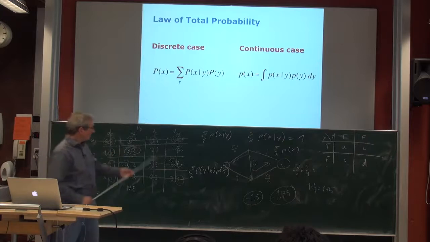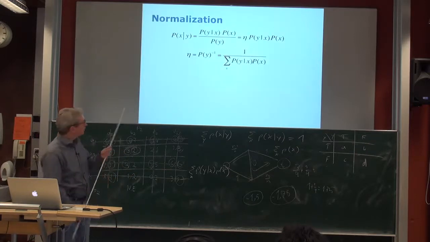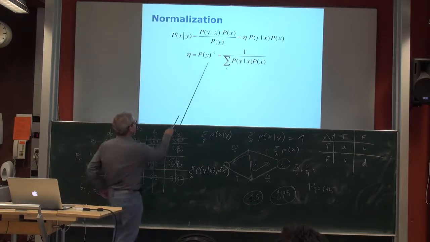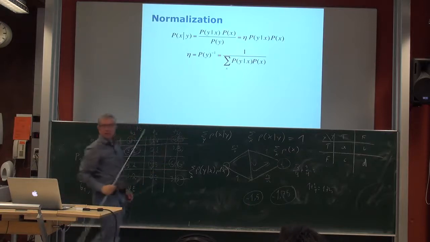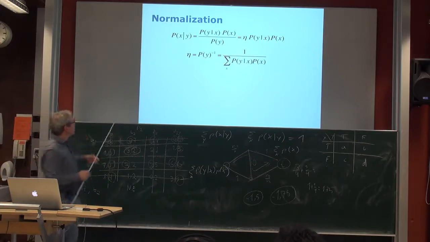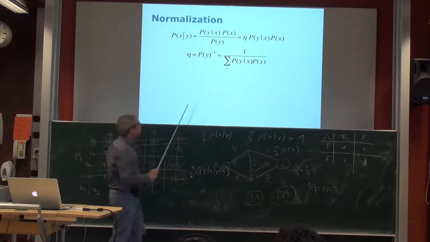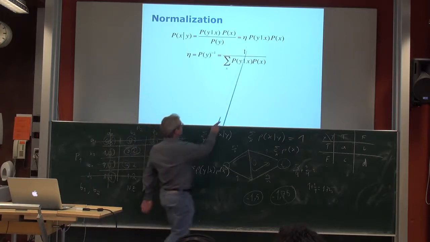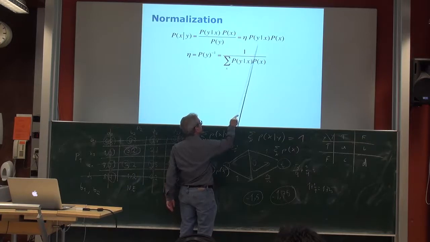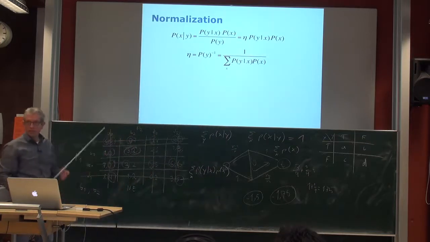But the motivation, and this is what is typically confusing, is that we do not need this p of y. We do not need to have the evidence. And we can easily replace this by this constant over here. If we have all the values available, p of y given x and p of x, we can calculate this constant from that.